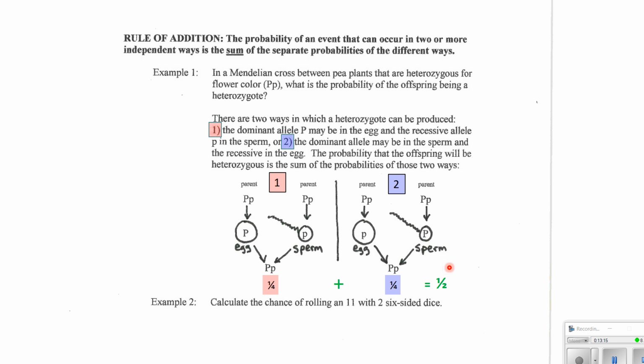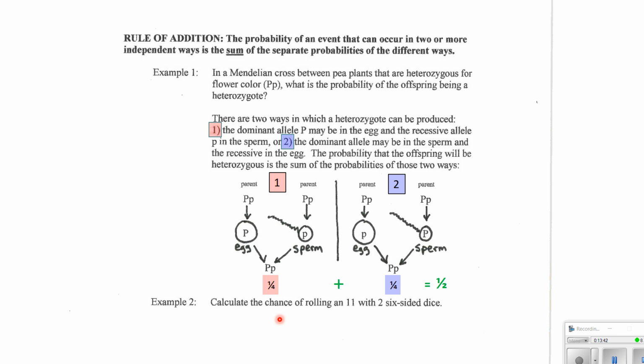Now again, if you're having trouble figuring out why is that, that's not clicking in my brain, think about dice. Go back to the Monopoly game. We already calculated the probability of rolling a 12, 1 out of 36. What about the probability of rolling an 11?